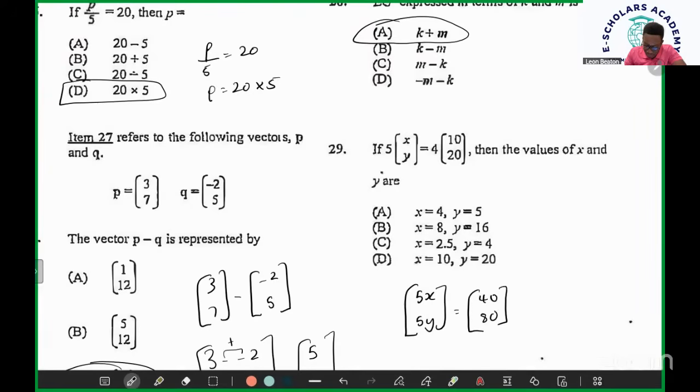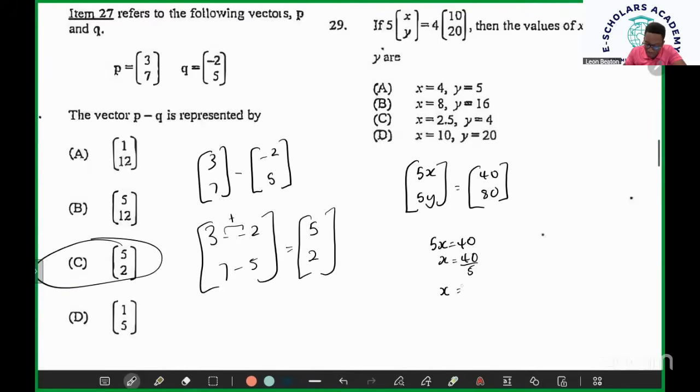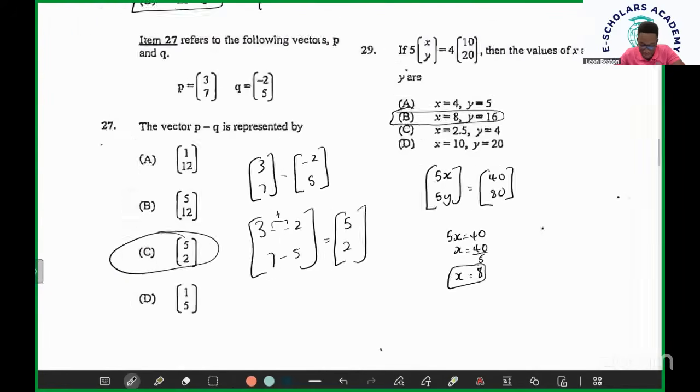We're saying these two things are equal, so we can just equate the two. 5x is equal to 40, and we solve for x: x is equal to 40 divided by 5, which is 8, since 8 times 5 is 40. So x is equal to 8. Any other answer with x equal to 8? So we can stop there and go with B. We don't have to finish off this one. You only got one value as x being 8, so you can roll with that.